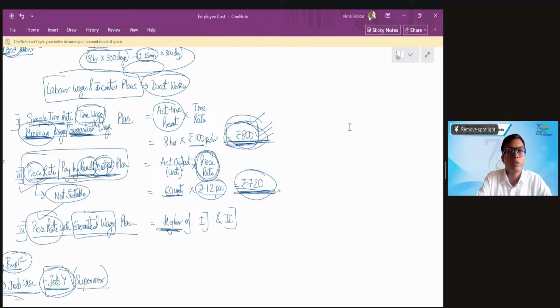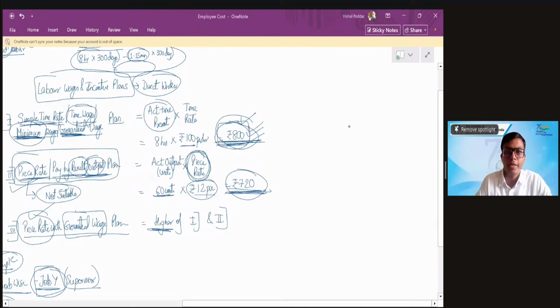Now coming to some different type of plans. The next plan which we are dealing with is also coming under the category of premium bonus plans. Now under this, the next plan, which is fourth in our list, is the Halsey plan.